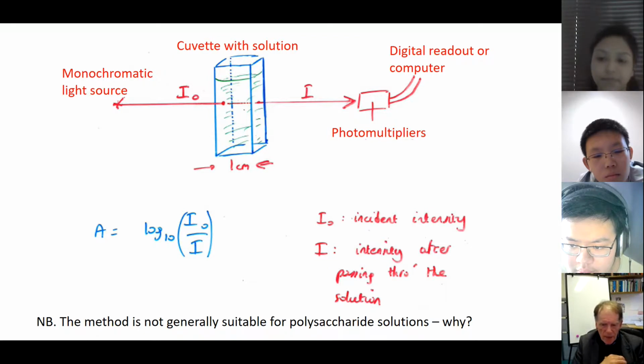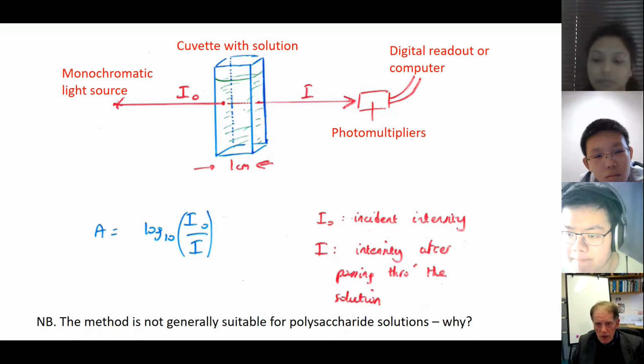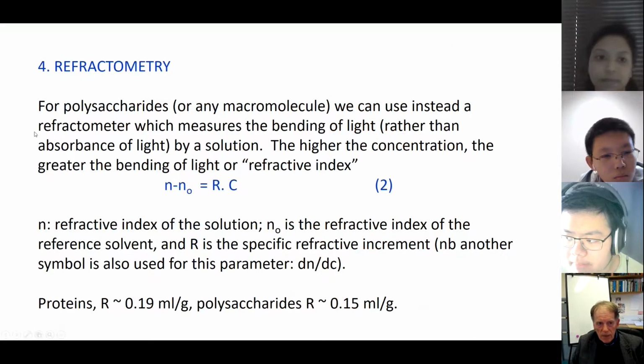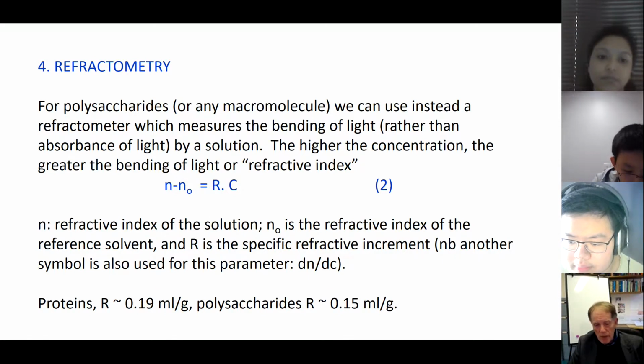Generally speaking, if your molecule doesn't absorb in the near UV, that is 280 nanometers or 256 nanometers, then it's much easier to switch to a different type of measurement based on refractometers, not spectrophotometers. And again, when we do the concentration demo in 2 weeks' time, you'll see how we operate refractometers.